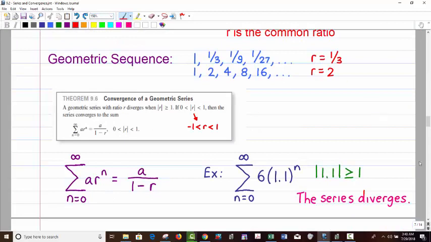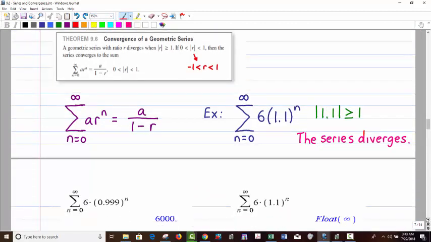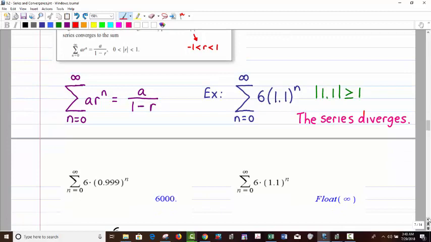All right, so let's take a look at some examples here. Now here's one where I put in 6 times 1.1 raised to the n. Well, that series diverges because that r is not between -1 and 1. I don't know what this float means, but that infinity that Maple has right there, that's enough to make it diverge.